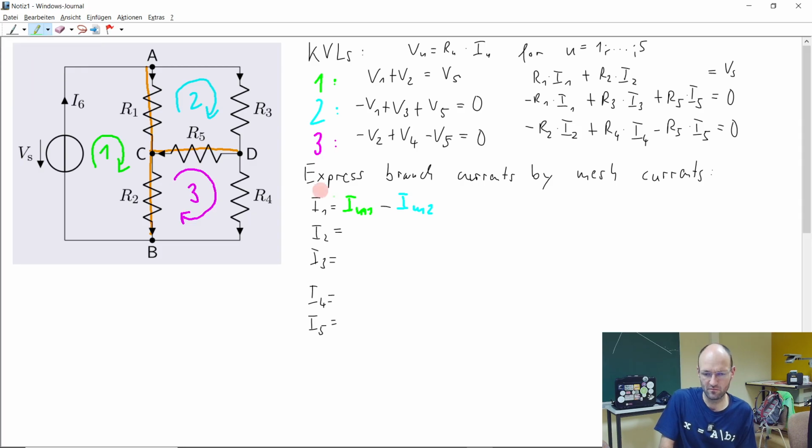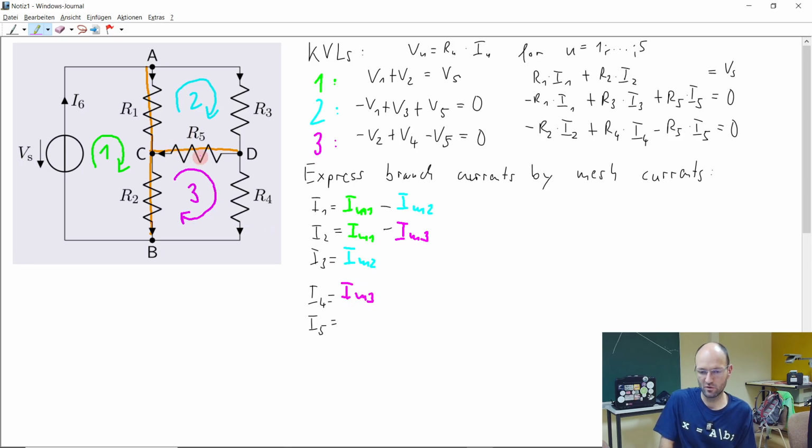It should be IM1, right? And then minus IM3, exactly. So then the third branch current is the same as the second mesh current. The fourth branch current is the same as the third mesh current.